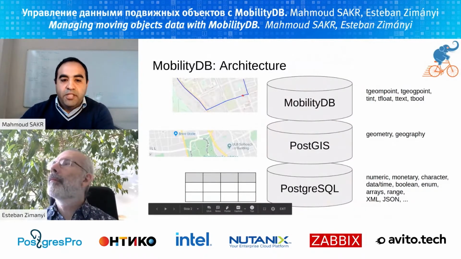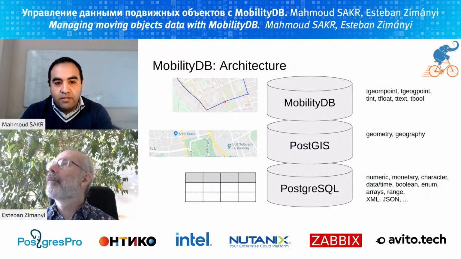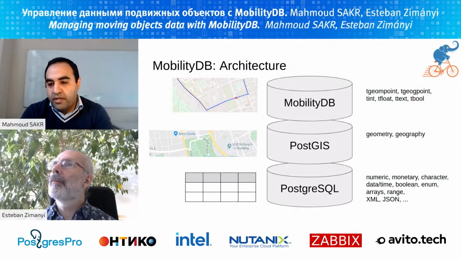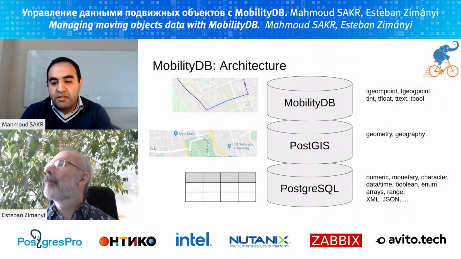So MobilityDB, in simple words, it's an extension of PostgreSQL and PostGIS. So PostgreSQL provides support for the numeric and text data types, for arrays, for range data, also for some advanced types like XML, JSON, or binary JSON.